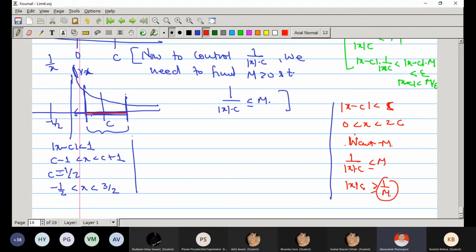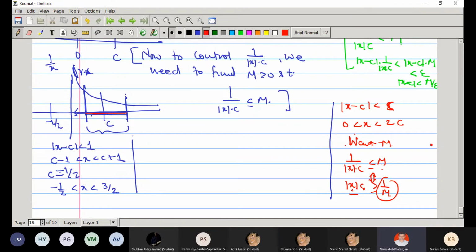So if you want to bound 1/|xc| from the upper side, we should have a lower bound for the absolute value of xc, because these two things are equivalent. To have some m greater than this, we should have some number less than this. Do you understand this?